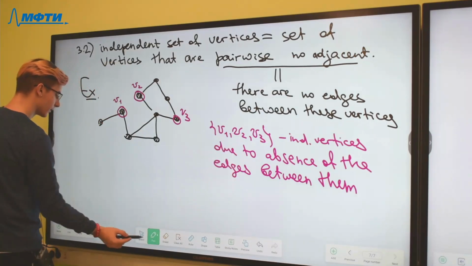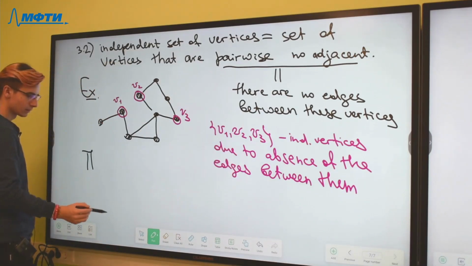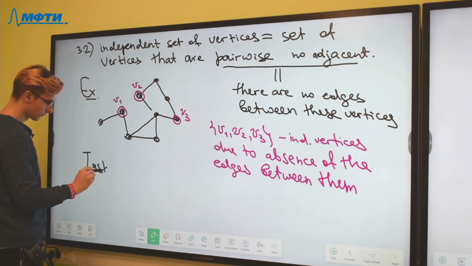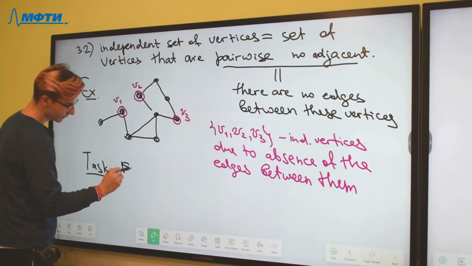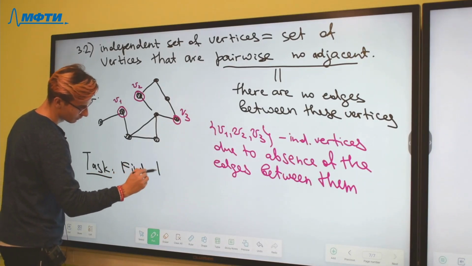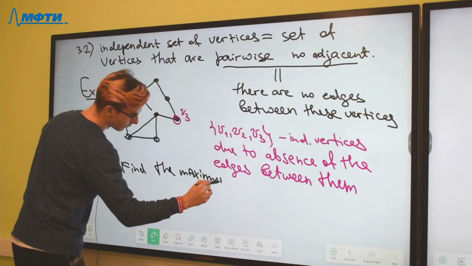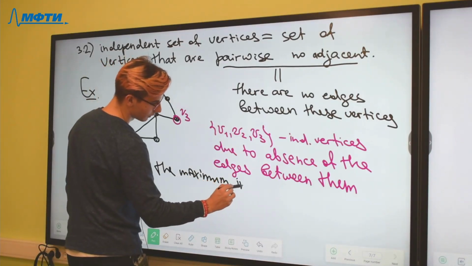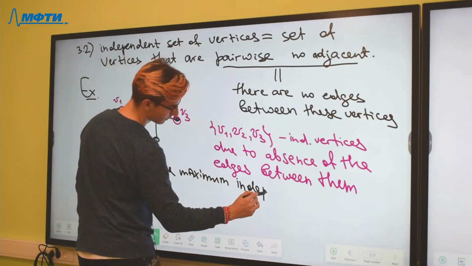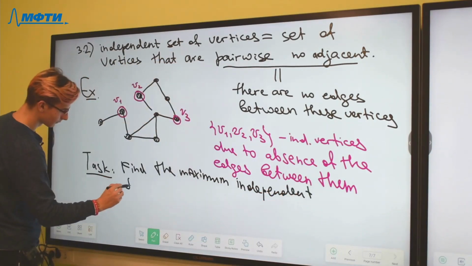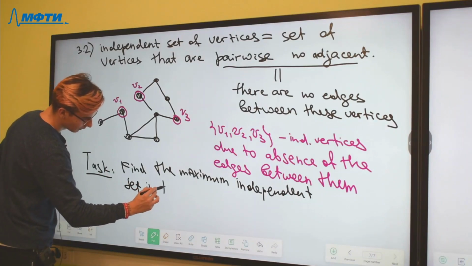So the task is to find the maximum independent set in the tree.